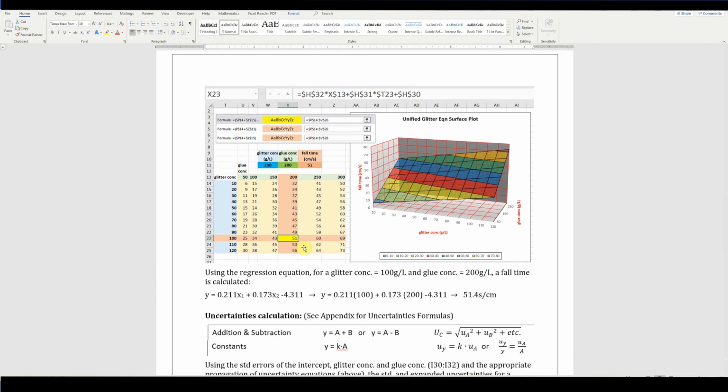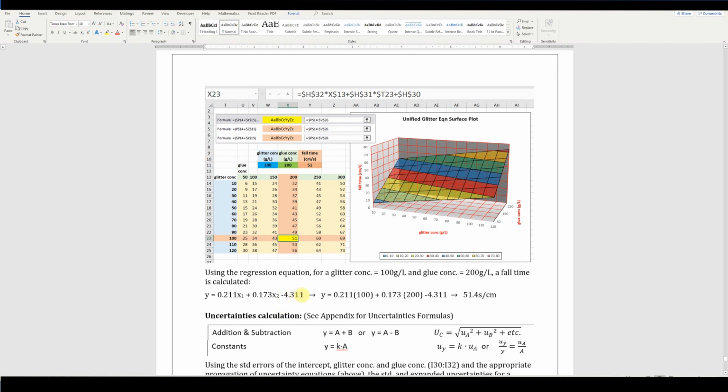So when this data was entered into Excel, using Analysis Toolpak and LINEST, these coefficients were given. 0.211 times x1, which is glitter concentration, plus 0.173 times x2, which is glue concentration, minus our intercept of negative 4.311.